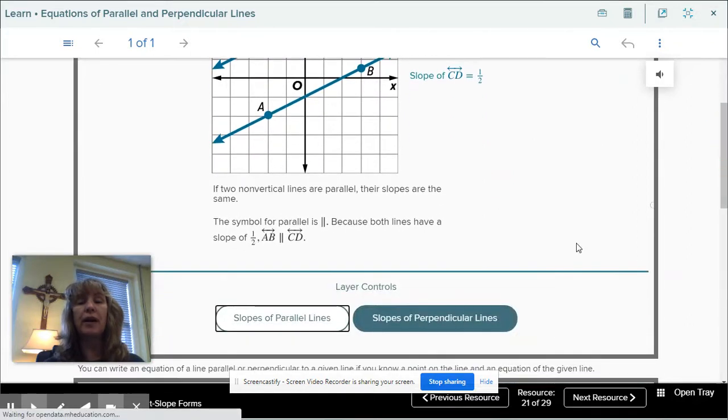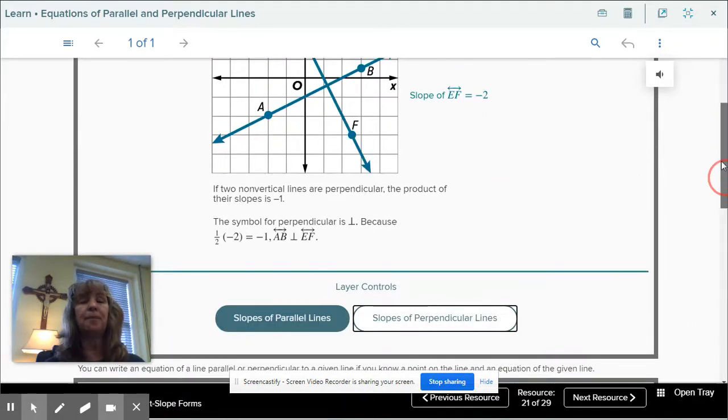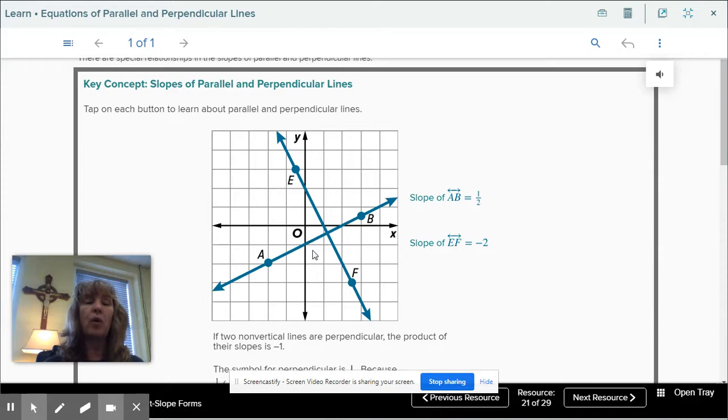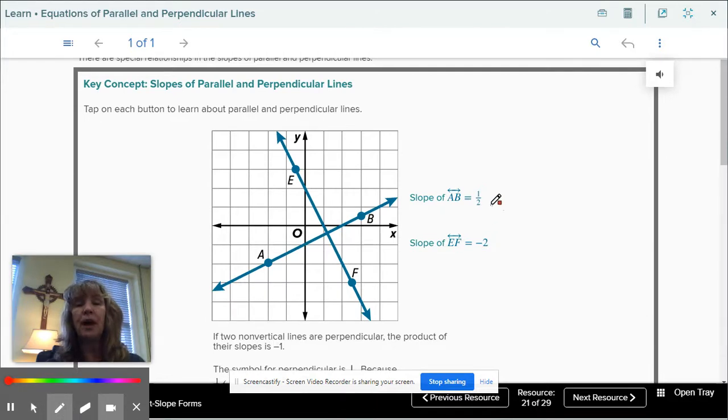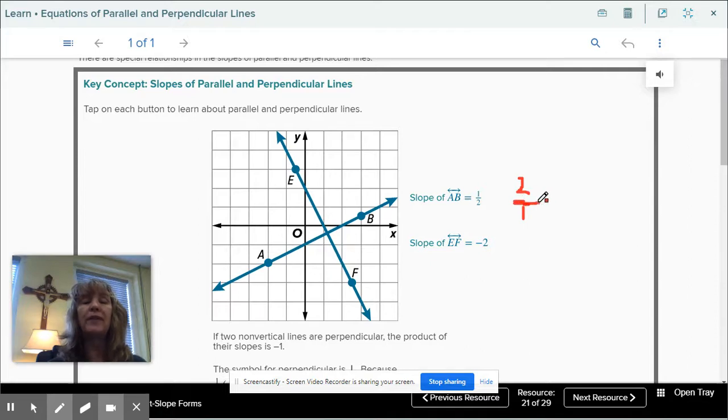Now I want you to notice what the slope of a perpendicular line looks like. The slope from A to B is 1/2, up 1 over 2, but I'm going to point out the reciprocal of our slope from A to B. If we flip our width and our height, putting the width on top and the height on the bottom, the reciprocal is 2 over 1, but the slope of our new line is negative 2 over 1.